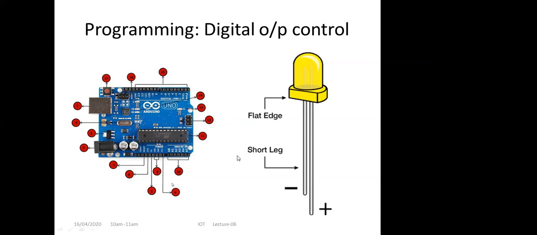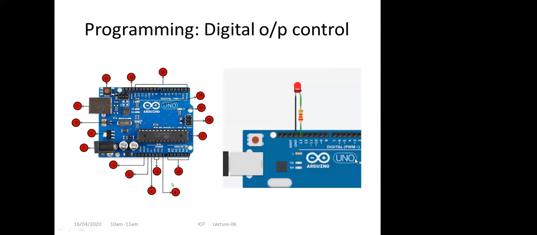Got it or not? Right? So yes, we have connected ground to the shorter leg, and pin 13 to the longer leg, which is positive. But here the resistor is not connected in my practical example, because I am not having it now. So directly connected, but there is no issue at all.